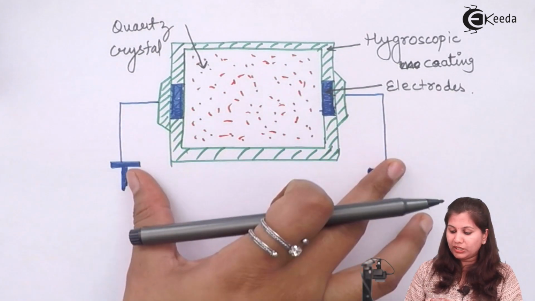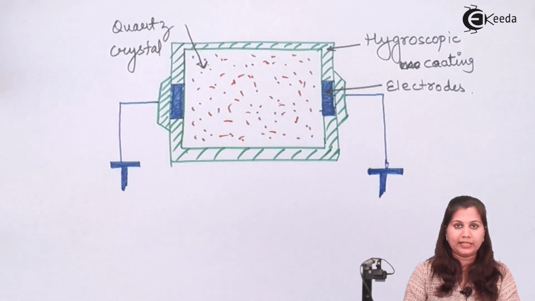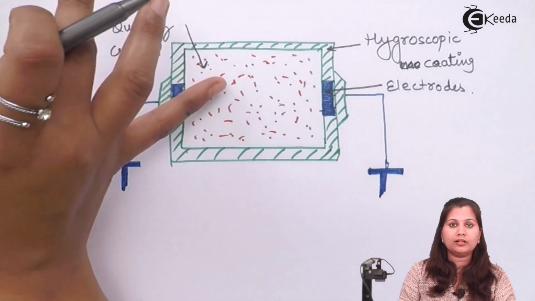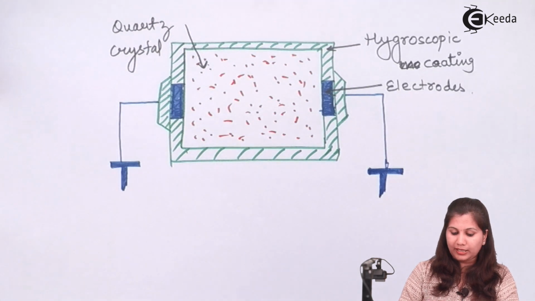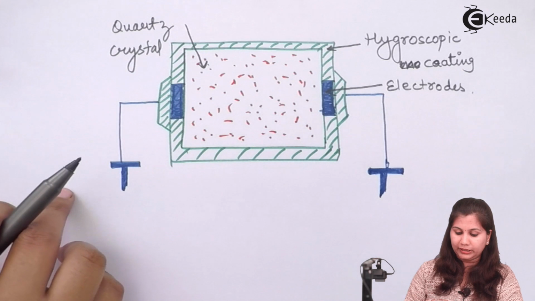With the help of these electrodes, we connect it in the oscillator circuit, where it is used to measure the changes in the frequency, and those changes in frequency depend upon the changes in the humidity. So this is how crystal hygrometers measure the changes in the humidity.